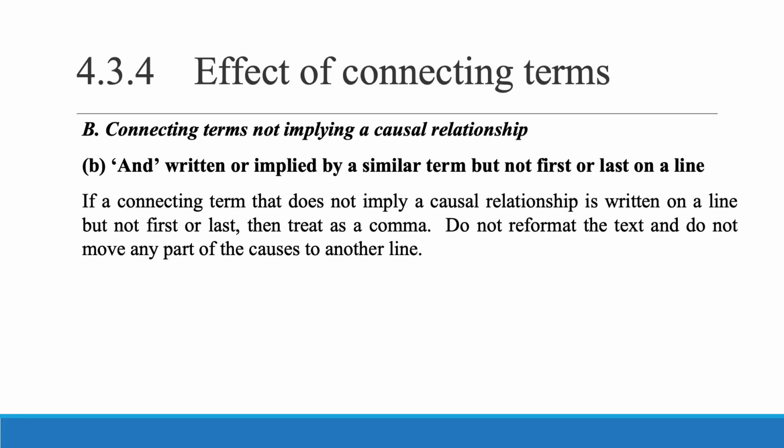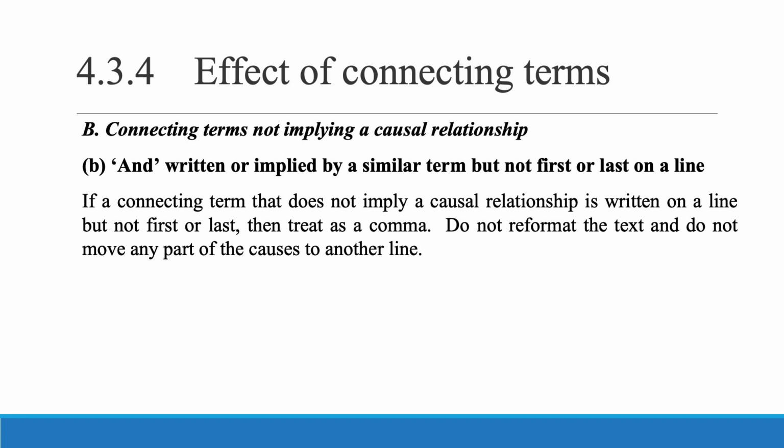A slight variation, still working with connecting terms not implying a causal relationship, still thinking about the word "and," written or implied by a similar term, but now not first or last on a line. If a connecting term that does not imply a causal relationship is written on a line, but not first or last, then treat as a comma. Do not reformat the text and do not move any part of the causes to another line.